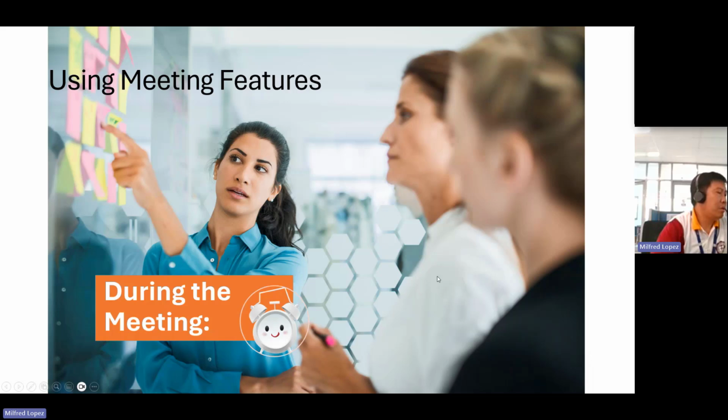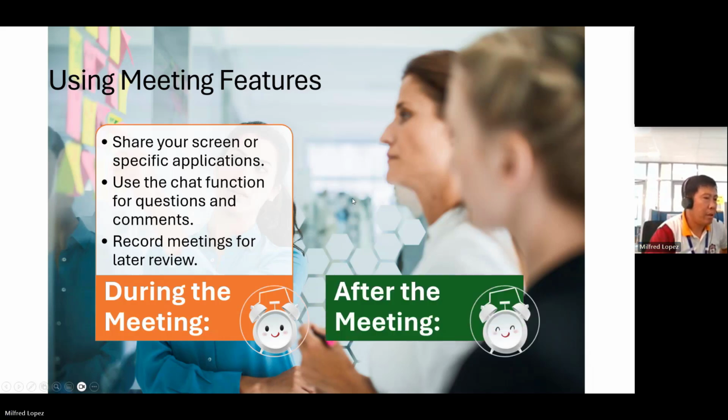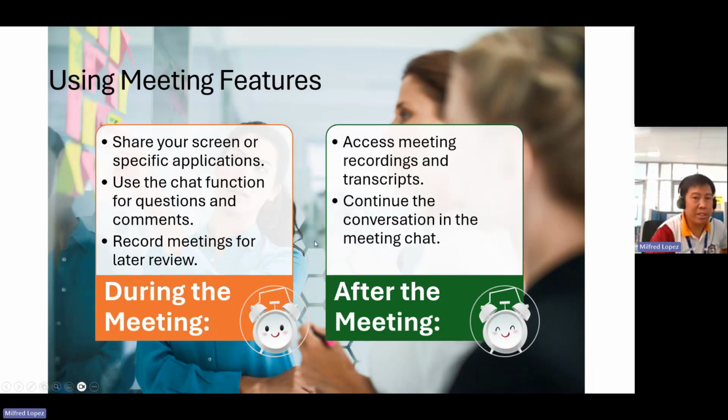During the meeting, you can share your screen, as I have done a while ago. Use the chat functions if you want to post questions or comments, and then record meetings for later review, as I have done a while ago. After the meeting, access meeting recordings and transcripts.